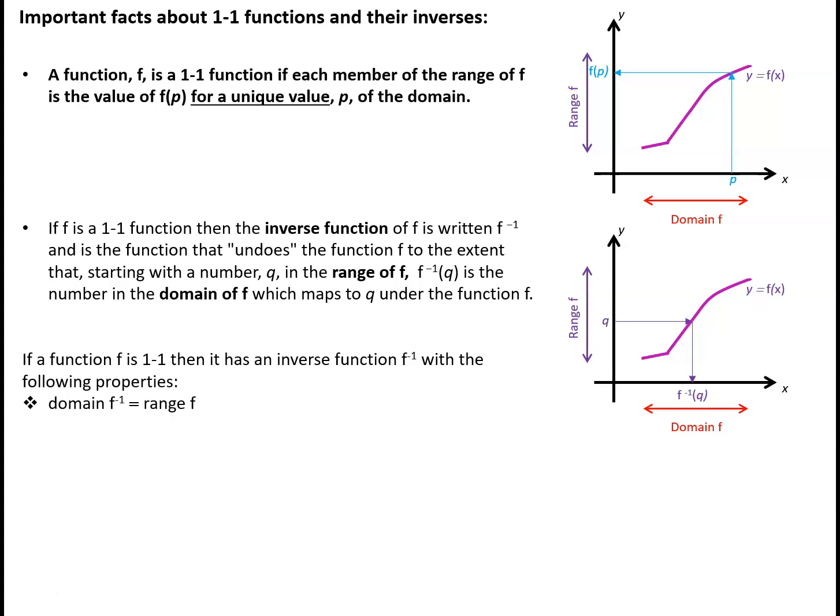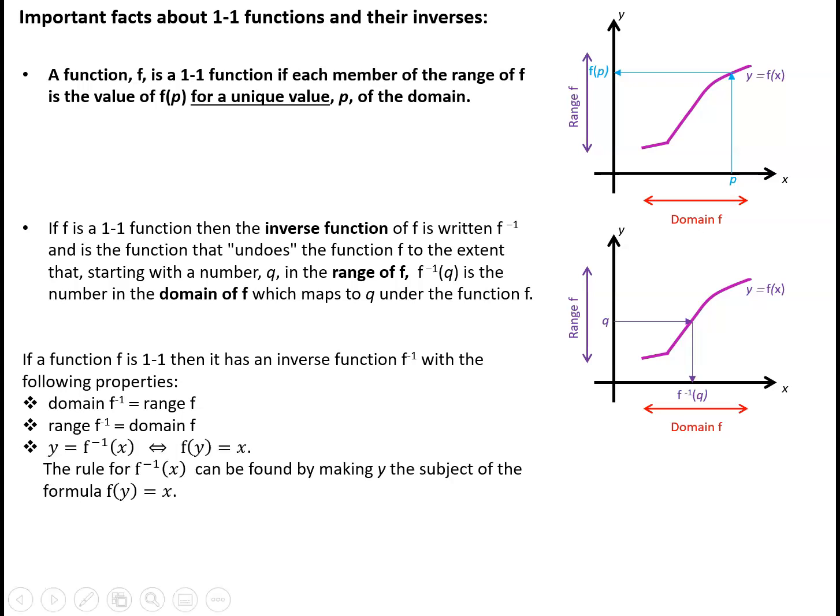If a function is one-to-one, then its inverse, f to the minus 1, has the following properties. The first one is the domain of f inverse is the range of f. The range of f inverse is the domain of f. We can say that y is equal to f inverse of x if and only if f of y is equal to x.